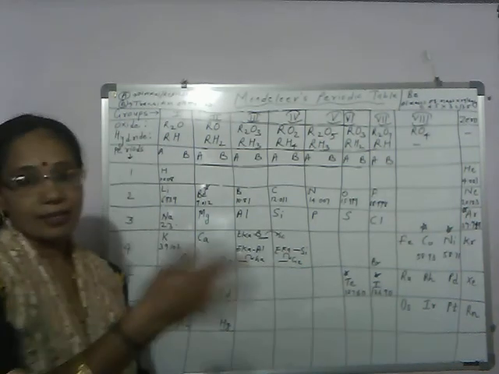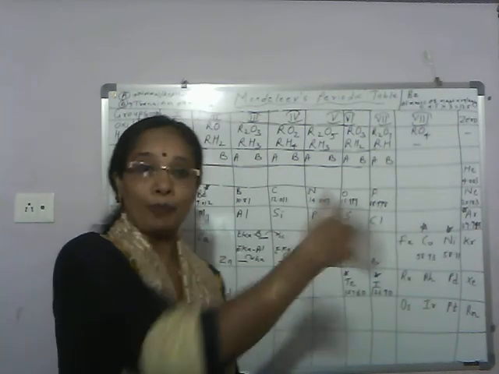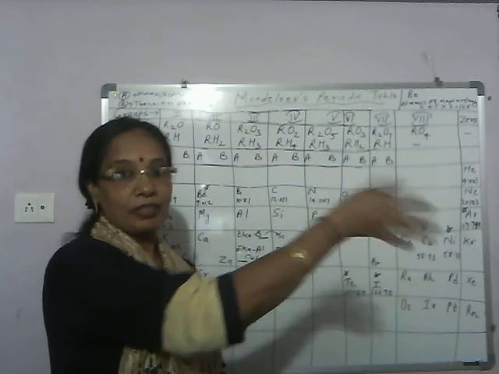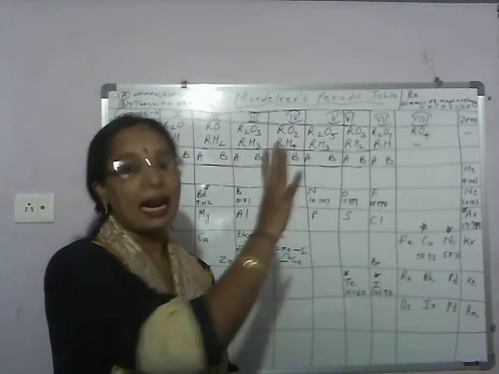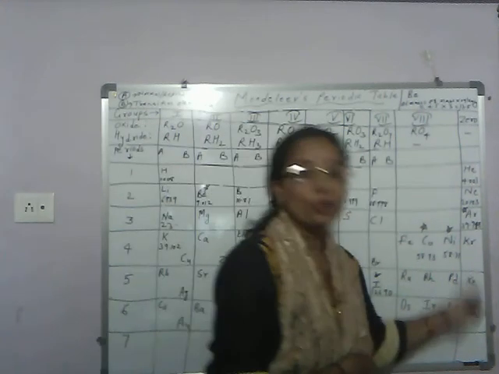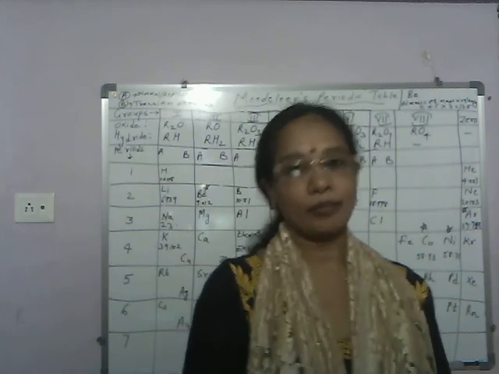So the elements are arranged in increasing order of atomic mass. Without disturbing the table, he could place the noble gases at the last. This was a big advantage, and he named the group the zero group. So position of noble gases was the next advantage.